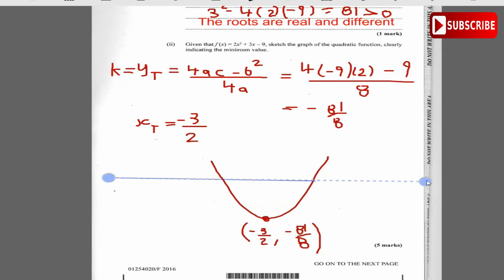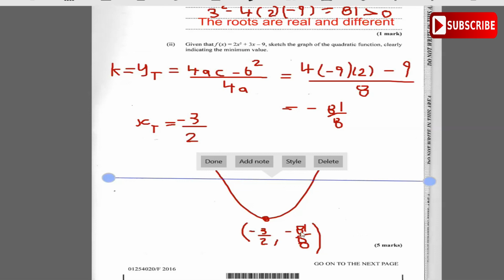So this would be something like the x-axis, all right? Now negative 81 over 8, the x-axis is somewhere over here. You might wonder how I know the x-axis is here. Now the only thing left is to draw the y-axis.